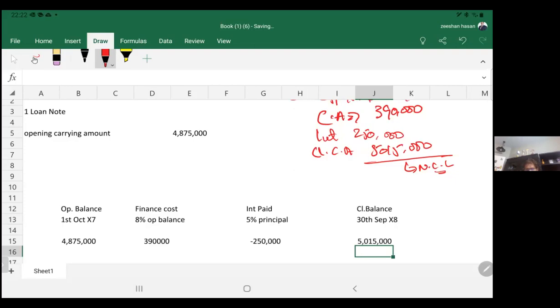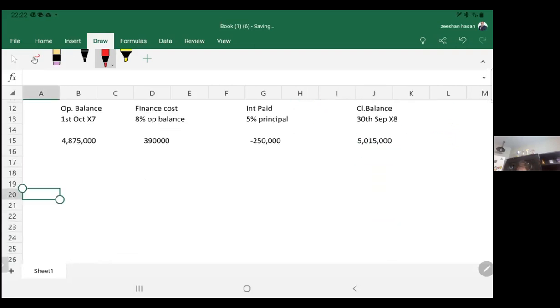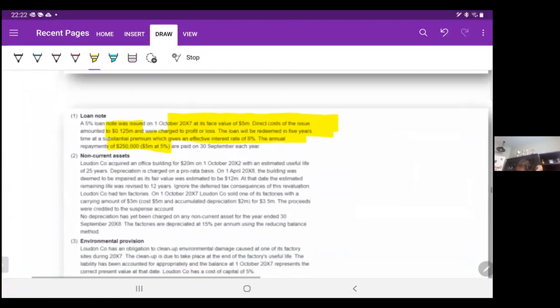Now, let us move to the next, working two. And what is working two? Let us move to the question and look at it. Loden Company acquired an office building for 20 million on 1st October 20X2 with an estimated useful life of 25 years.